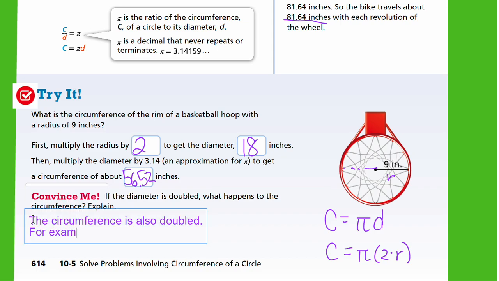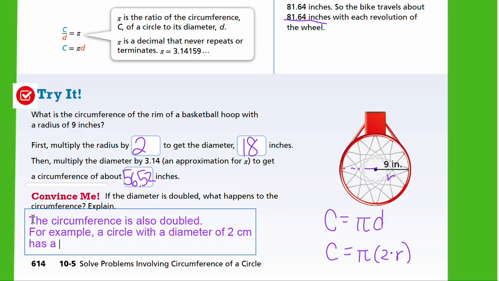So for example, let's give an example. A circle with a diameter of 2 centimeters has a circumference of about 6.28 centimeters, right?